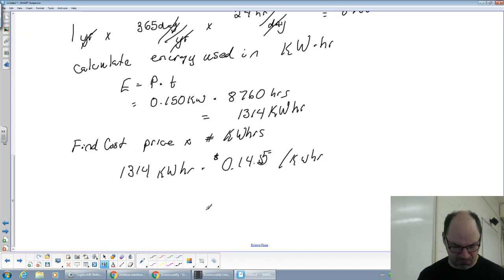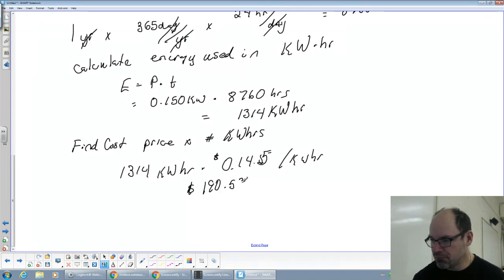It's supposed to be going up a little bit, but 1,314 times 0.145 gives me $190.53 per year for the cost of running that fridge.